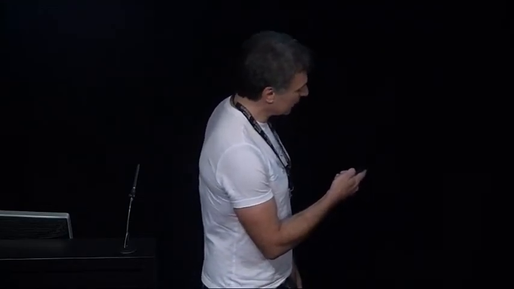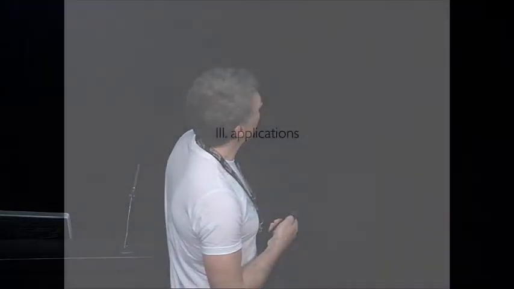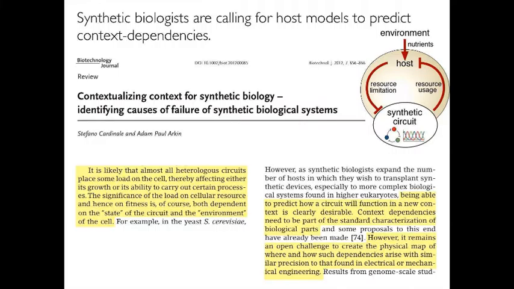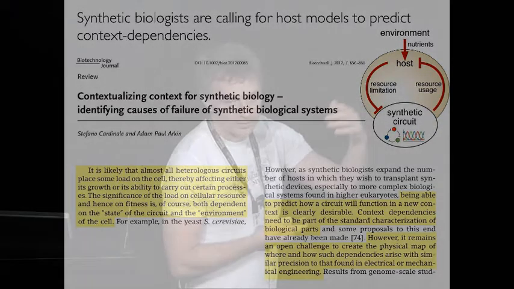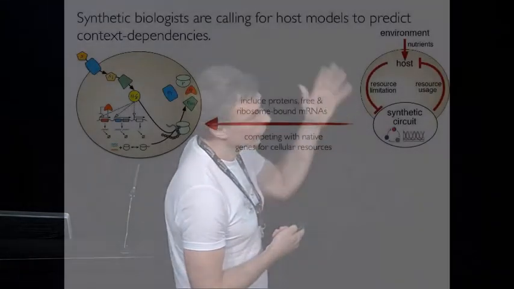So I leave you with this as a meditation. We have applications to synthetic biology. You can plug in a synthetic circuit and see how an oscillator, for example, relates to the growth conditions and how we can modulate the amplitudes.